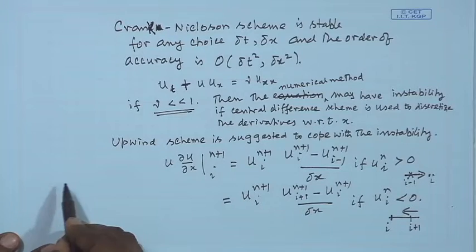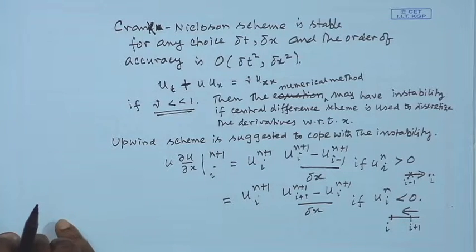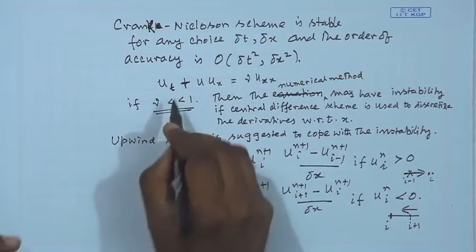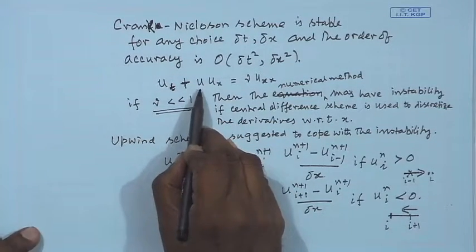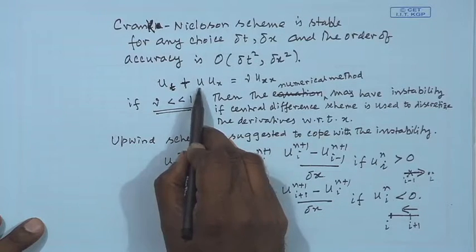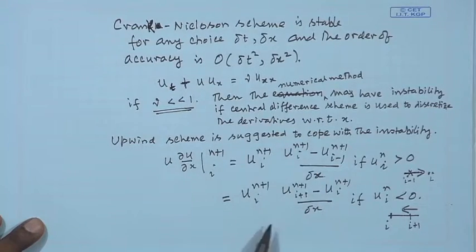That means the dissipation is low. So, if it is dominated by the hyperbolic term, that is, the advective transport or convection effect is stronger compared to the diffusion effect, then an upwind scheme is suggested.